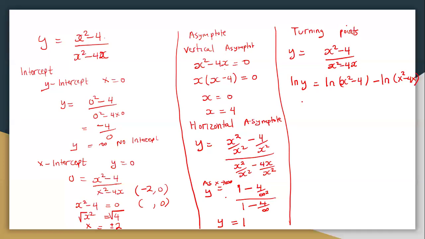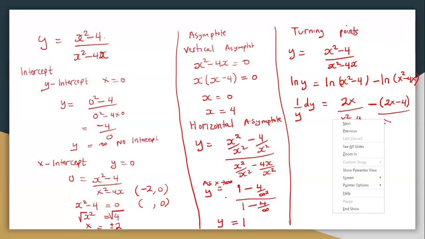So here we're going to have 1 out of y dy equals 2x out of x squared minus 4, then minus 2x minus 4 out of x squared minus 4x.